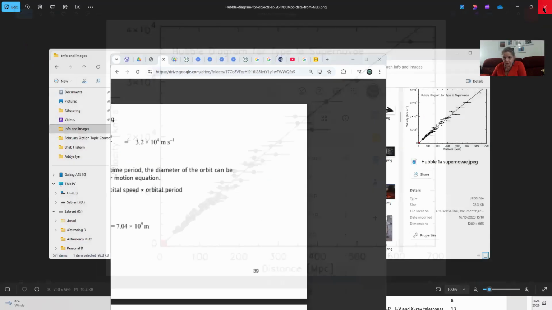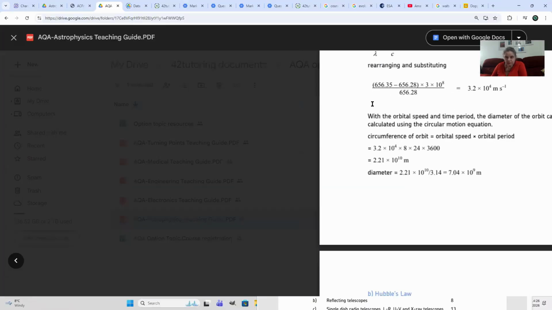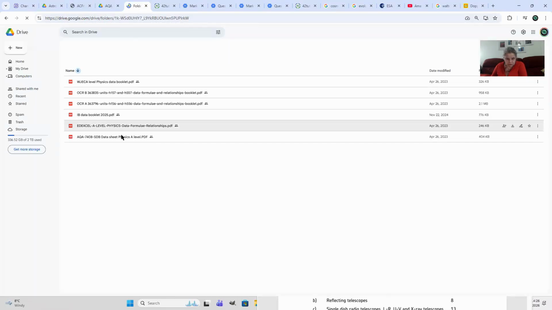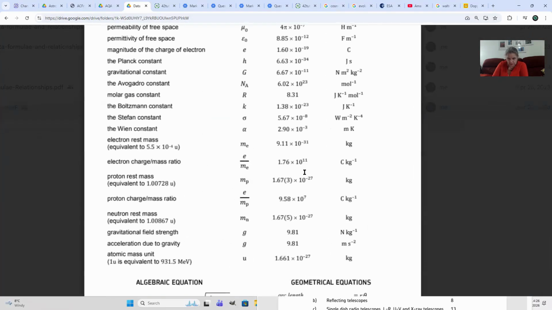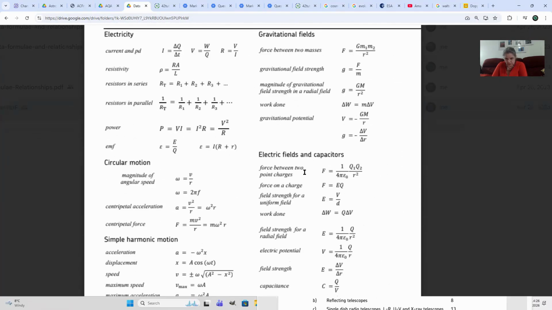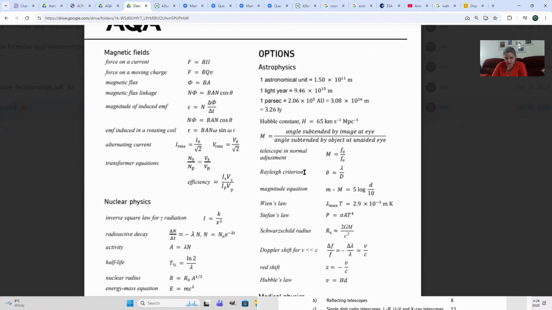Let's maximize that one. Where is my data sheet? So if you go and look at the data sheet, down to the astrophysics, where it is. Oh, there it is, astrophysics.